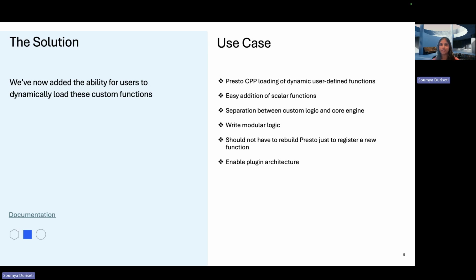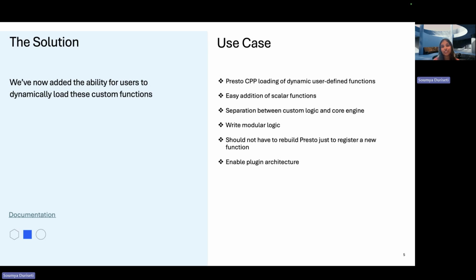Now, let's look at the use cases, right? Any of these scalar functions are going to be very easy to use. In addition to that, you have more modularity of your logic, which simply means you have more separation between the custom stuff that you or your colleagues implement and the actual core engine's functionality. That keeps things neat and separate where they need to be.